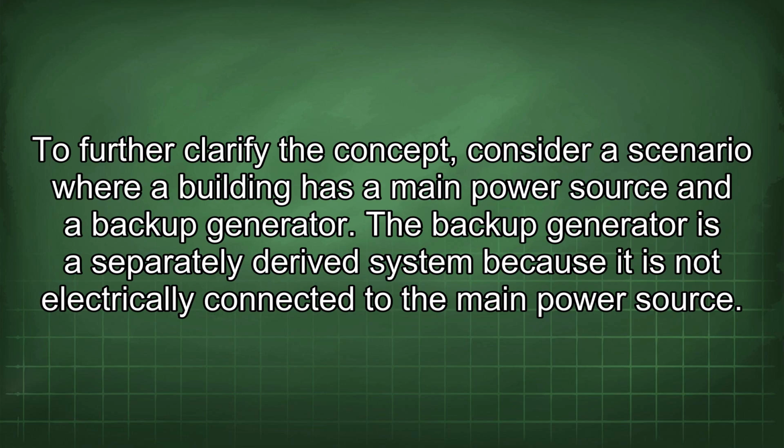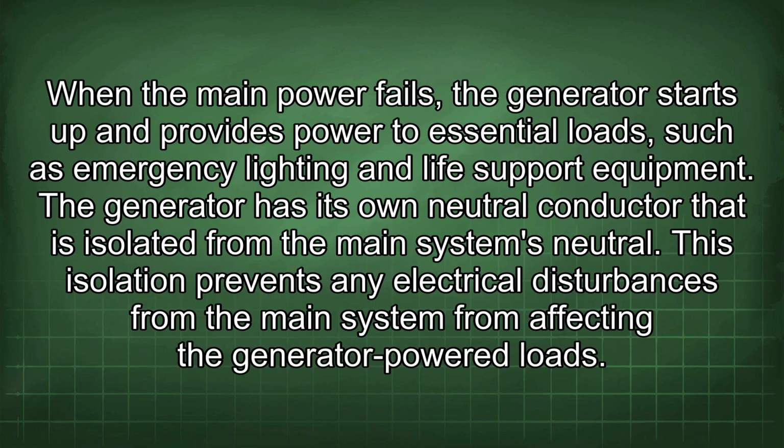The backup generator is a separately derived system because it is not electrically connected to the main power source. When the main power fails, the generator starts up and provides power to essential loads such as emergency lighting and life support equipment. The generator has its own neutral conductor that is isolated from the main system's neutral. This isolation prevents any electrical disturbances from the main system from affecting the generator power loads.